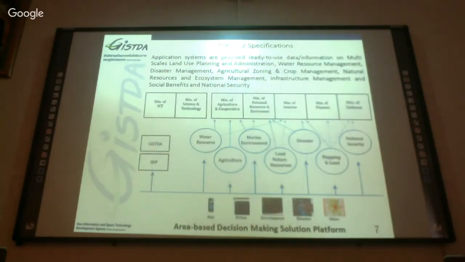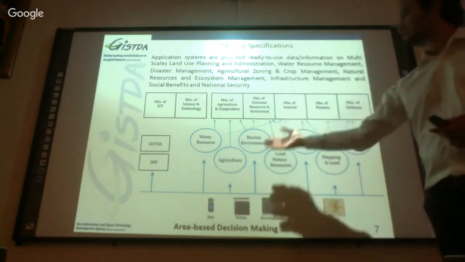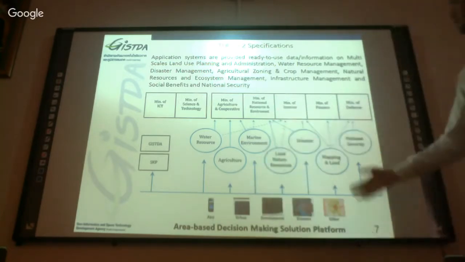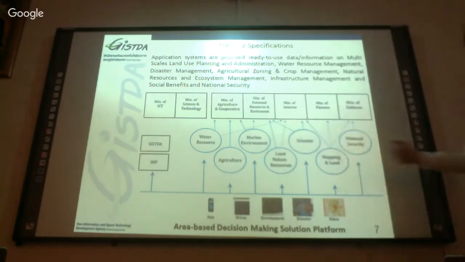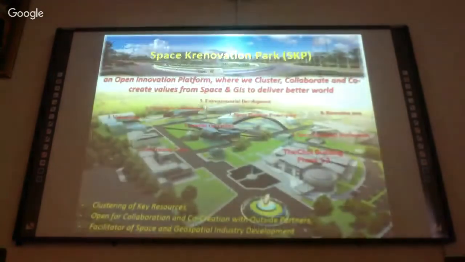This is the THEOS-2 specification. We want to manage water resources, agriculture, marine, land, disaster, and mapping areas, including national security, because the big satellite has 0.5 meter resolution, which serves military security objectives. This is our facility.